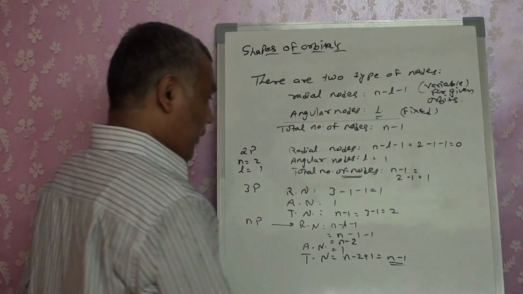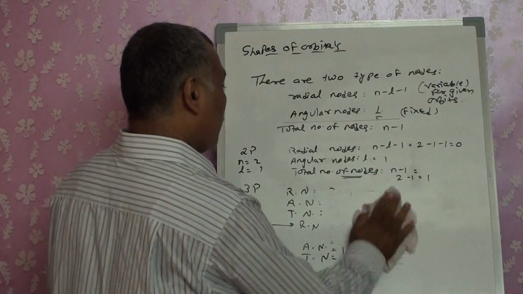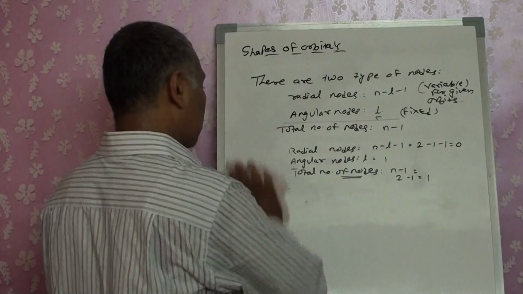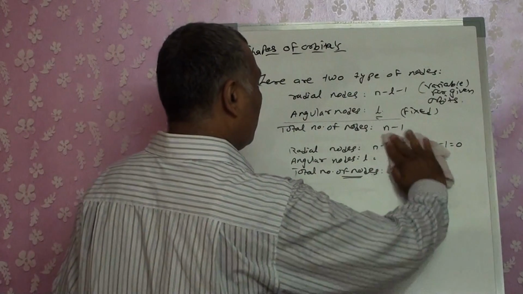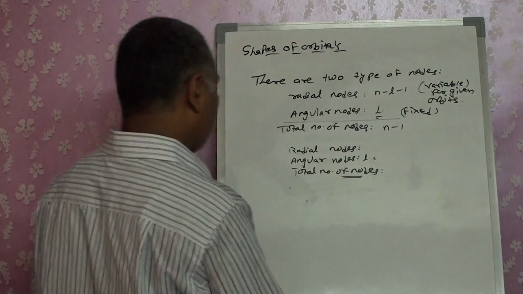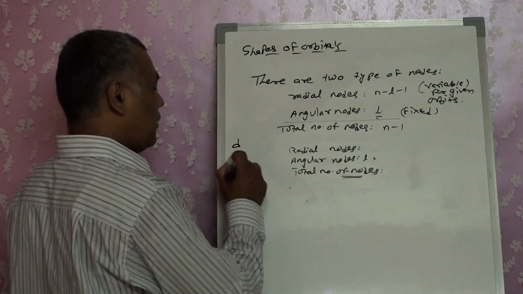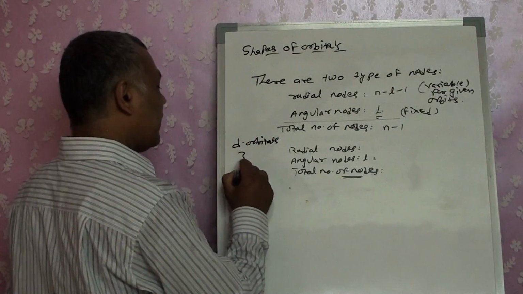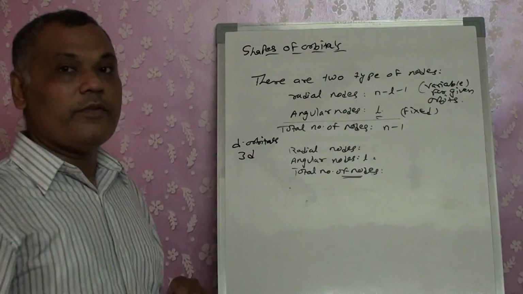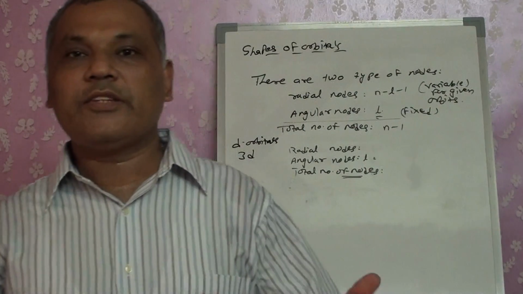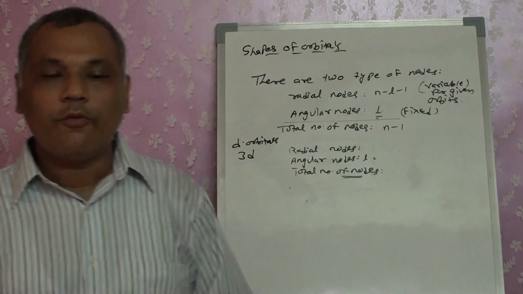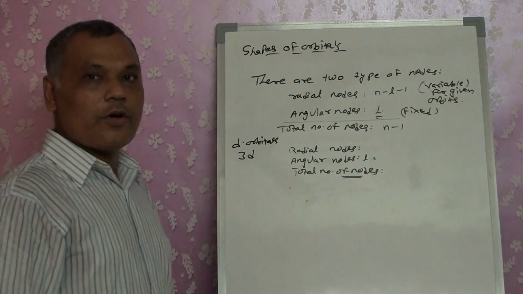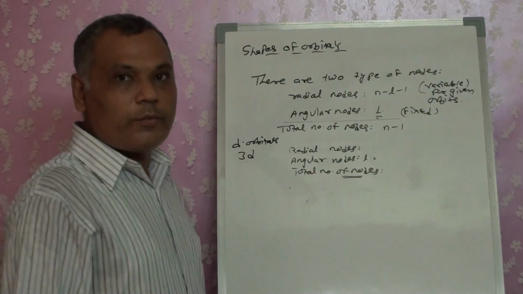Right? Okay. Similarly, if we calculate it for d orbitals, we know that it always starts from 3D. We can't have 1D or 2D orbitals. We always get it from the 3D orbitals. We saw it in the quantum numbers.